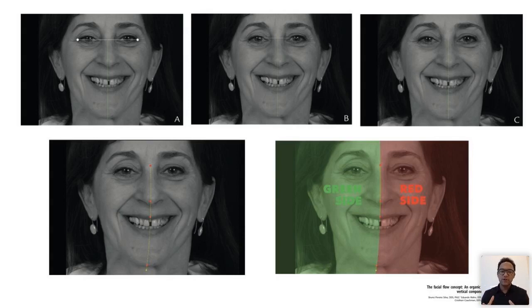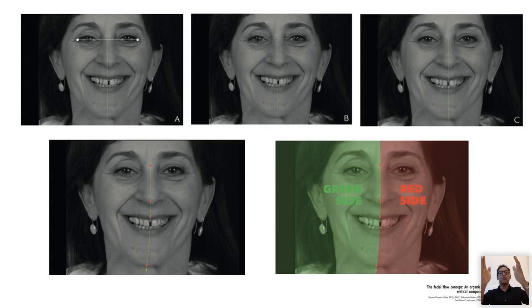So with the facial flow, we believe that these main points, the glabella, the tip of the nose, the upper lip, and the chin, if you draw a line connecting those points, you will be able to see the flow of that face. If you look at the photo on the bottom left, you will see that the flow of her face goes into her right side.